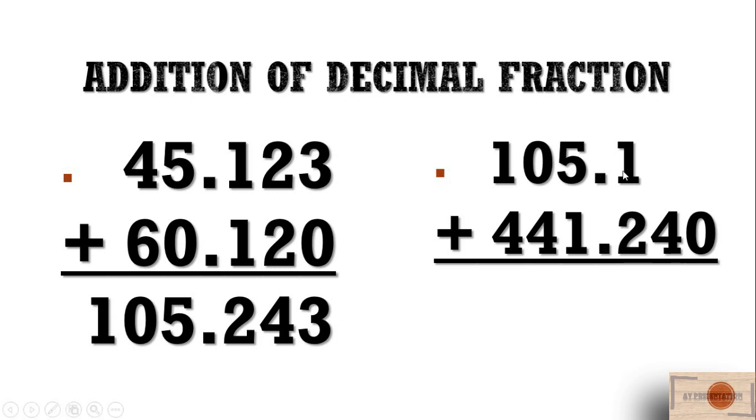Now add both numbers. Here in the first number, 105.1, no digit is given, so if there is no digit given, then suppose it as a 0.